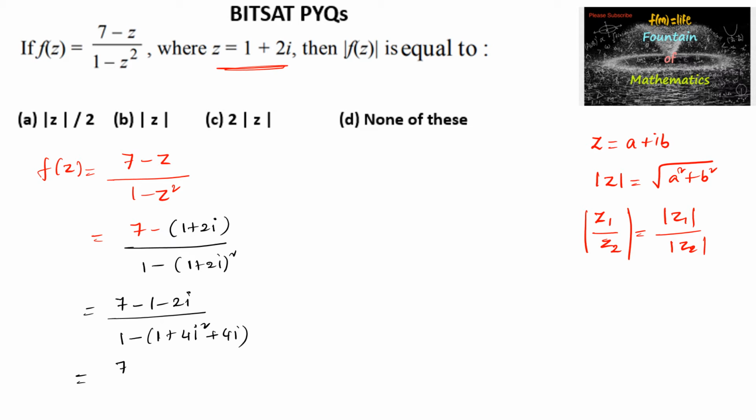That is 7 minus 1, 6, 6 minus 2i upon 1 minus (1 minus 4 plus 4i), and again here 4i square is negative 4, so 1 minus of minus 3 plus 4i, that is 4 minus 4i.